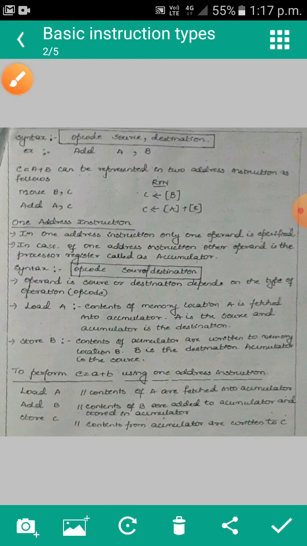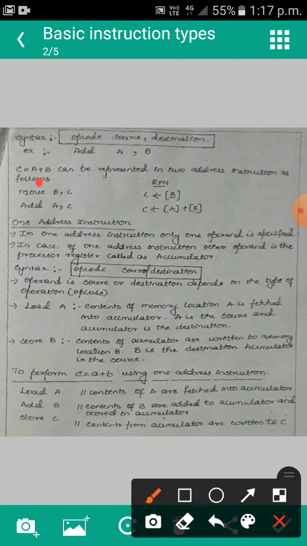So this instruction C is equal to A plus B can be written in a 2 address instruction. How to write it in a 2 address instruction? Move b comma c, the value of b is moved to c. Then add a comma c. So c contains what? The b value. Then add a comma c means it adds the values of a and c, and the result is stored in c.